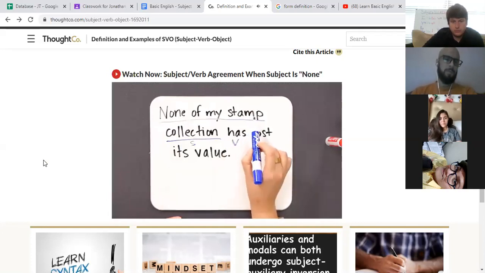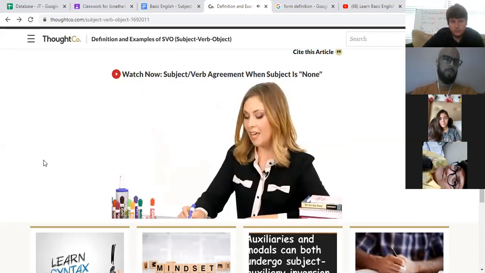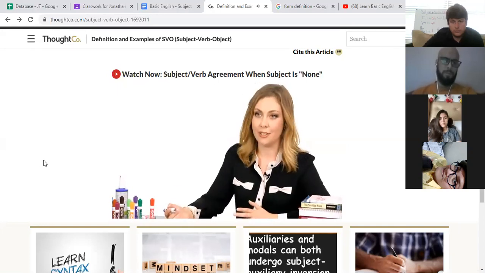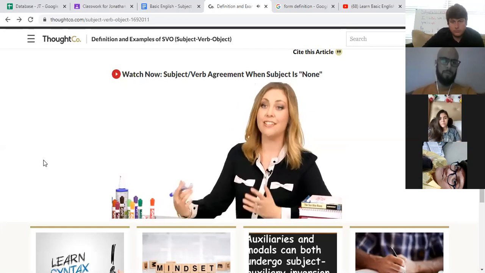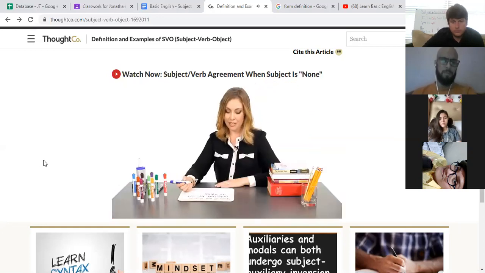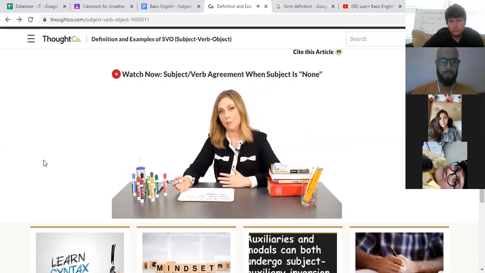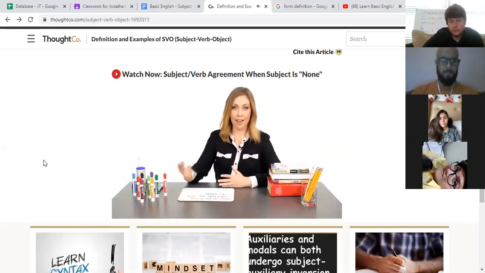In this case, it's stamp collection. If stamp collection is singular, which it is, you have a singular subject. None is functioning in a singular way. So in this case, we need the singular verb has. None of my stamp collection has lost its value. It would be incorrect to say none of my stamp collection have lost their value.